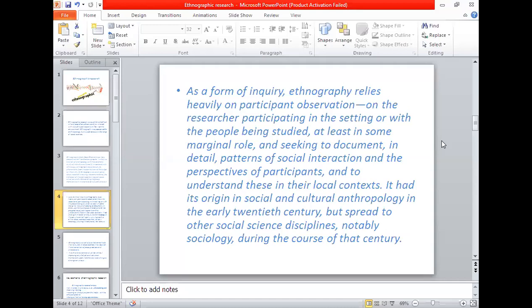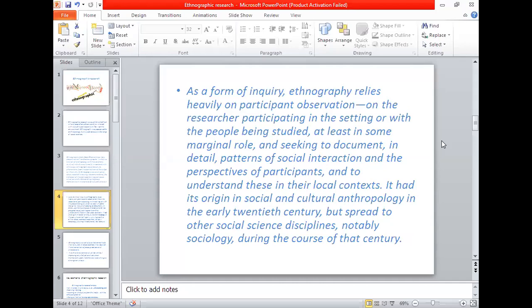We will keep questions at the end. It had its origin in social and cultural anthropology in the early 20th century, but spread to other social science disciplines, notably sociology, especially during the course of that century. It means that anthropology was introduced at the start of the 20th century, but now it is used in different fields of social sciences.